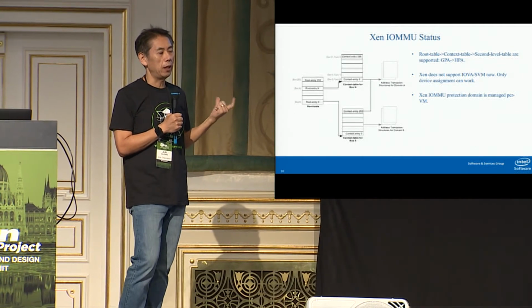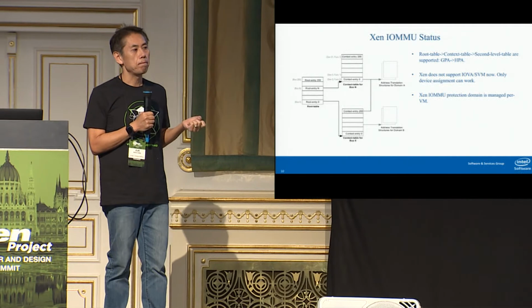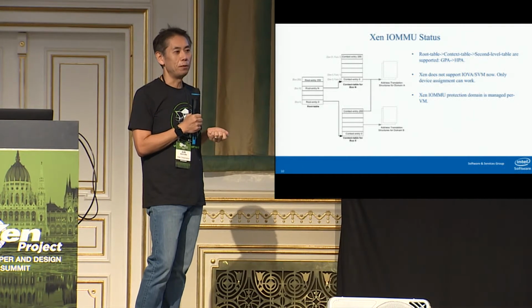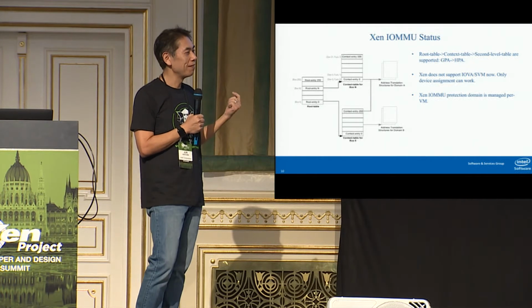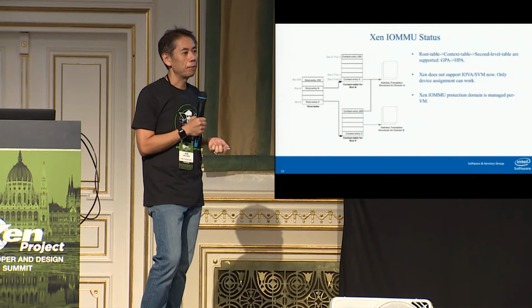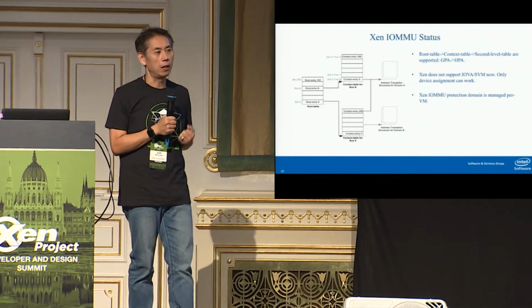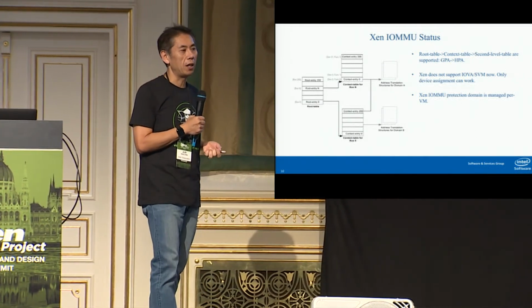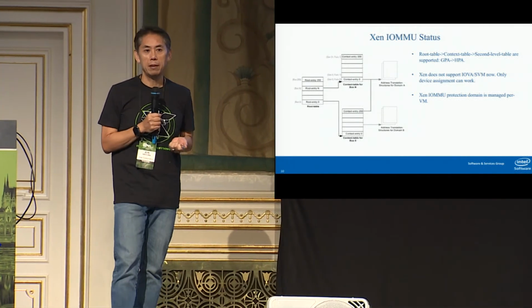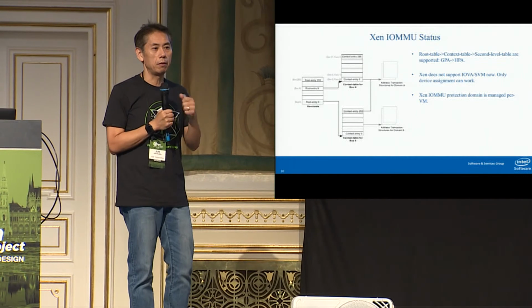So we don't really have nested VT today. This means that we need to do many things to get virtual SVM in the guest, okay? So that's the current status. And we can discuss some more details of how we're going to do that in the design session. So with that, I think I'm done.